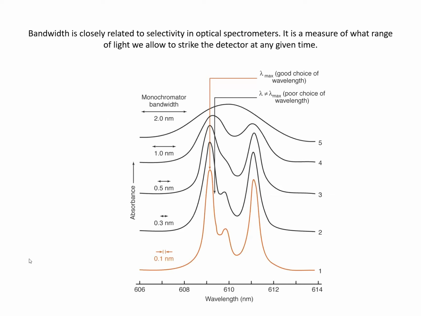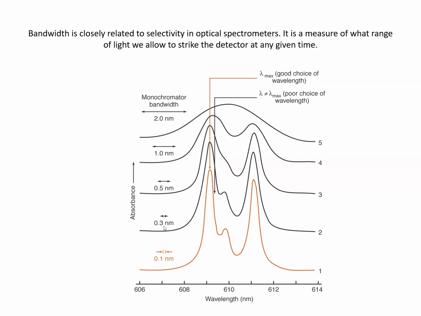So here, in this case, this diagram shows that you are increasing the monochromator bandwidth. You start with 0.1 nanometer bandwidth, you increase it to 0.3 nanometer bandwidth, 0.5 nanometer bandwidth, 1 nanometer, 2 nanometer bandwidth. So you can see, if you increase the bandwidth, the peaks become broad.